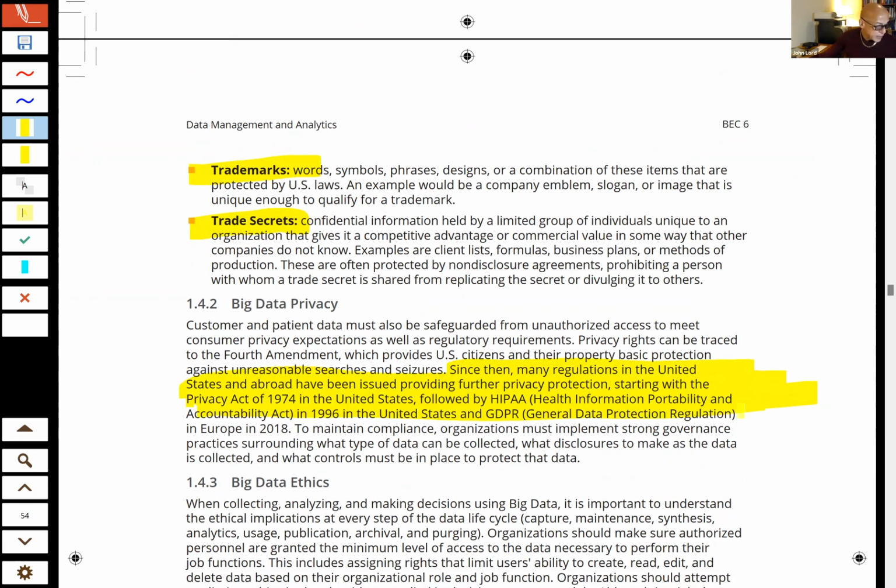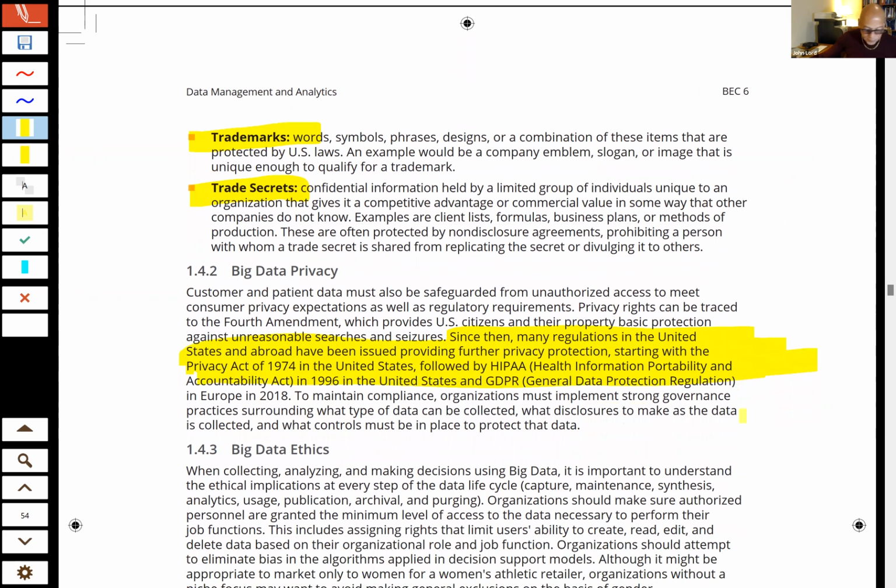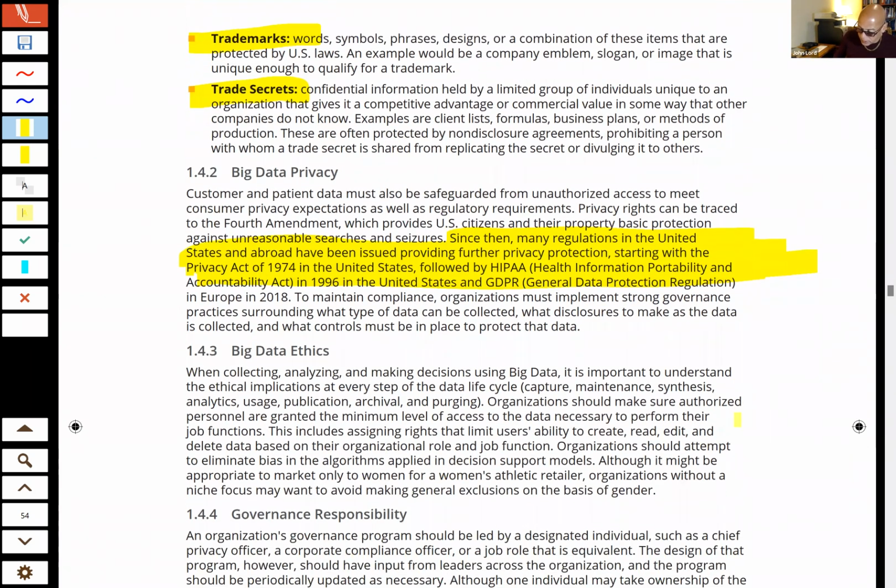And then you look at some of the big data ethics, and you can see here organizations should make sure authorized personnel are granted minimum level access. I find that interesting because that almost sounds like a CPA exam question: which of the following would not be a consideration?